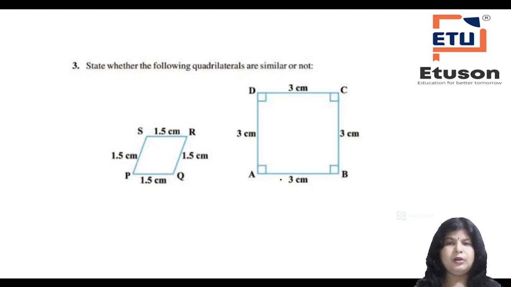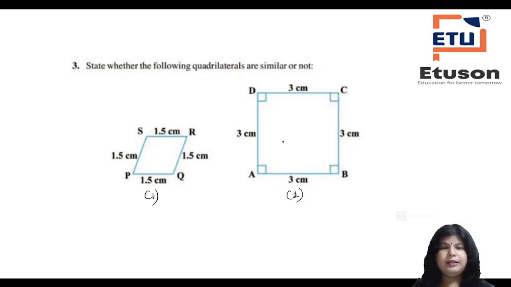Here in the figure, let us name this one, this is 2 and this is 1. In figure number 2, as you can see, all the angles are 90 degrees, whereas in the other the angles are not 90 degrees. So rather it's a square and it's a rhombus.